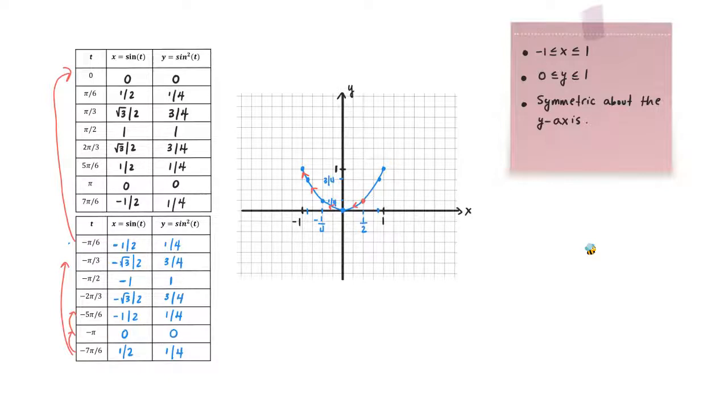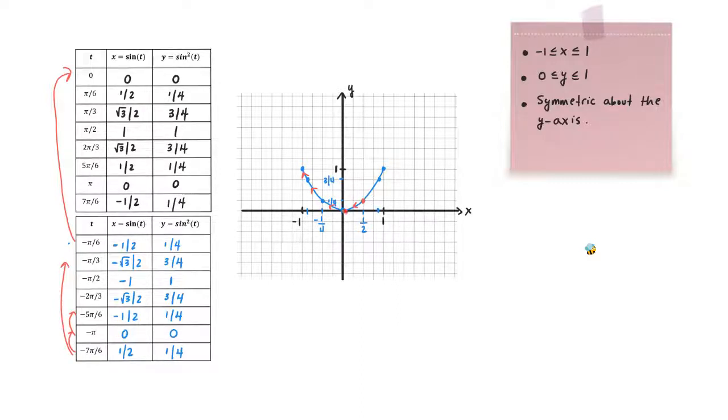And then when t is equal to 0, we are back at the origin. How interesting. So from (-1, 1), which happened at -π/6, the bug has moved all the way down to the origin. And then at π/6, the point is going to be (1/2, 1/4).